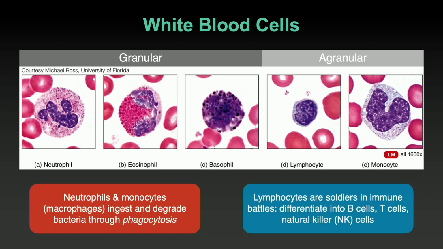The lymphocytes are the main soldiers in the lymphatic system, in the immune response, and they differentiate into three major types of immune cells that we'll reference a fair bit throughout this section: B cells, T cells, and natural killer cells, or NK cells.